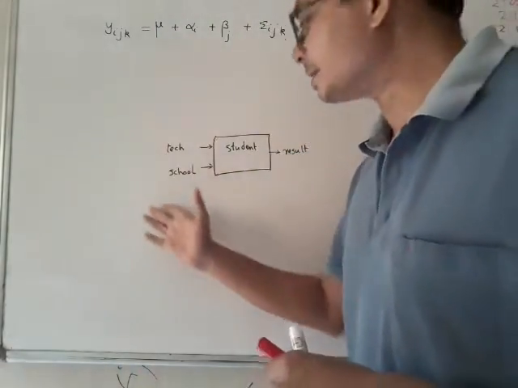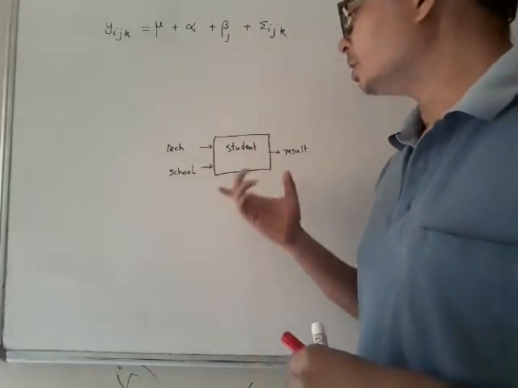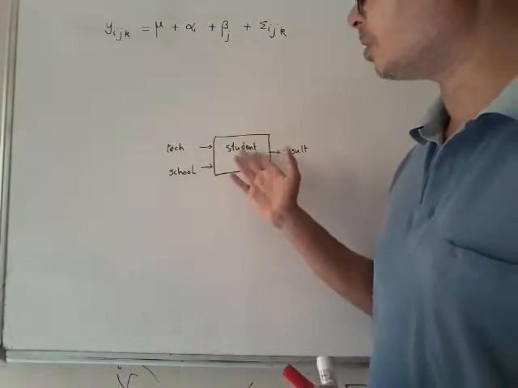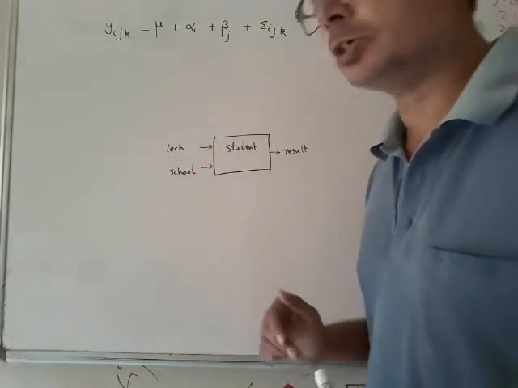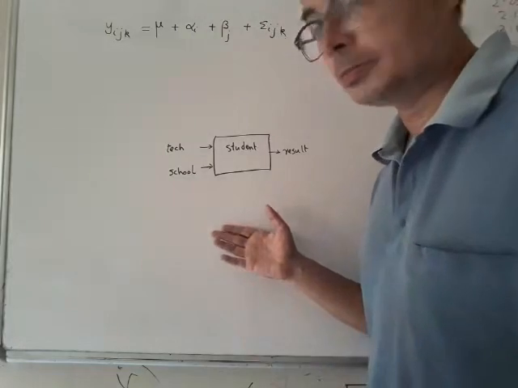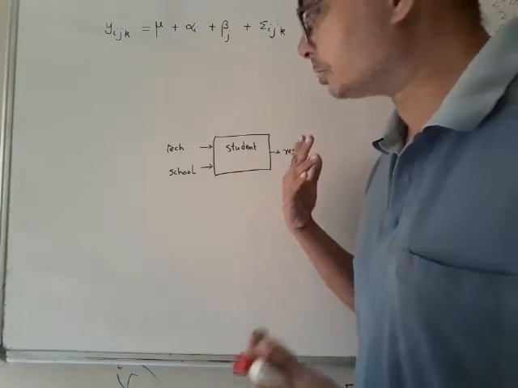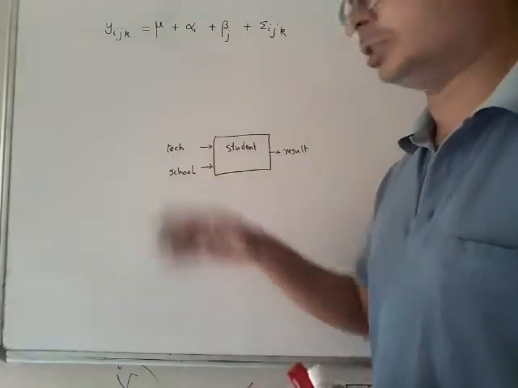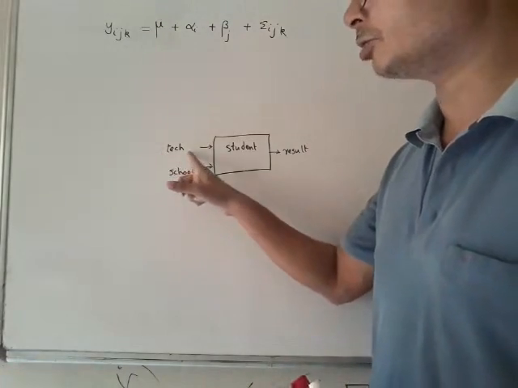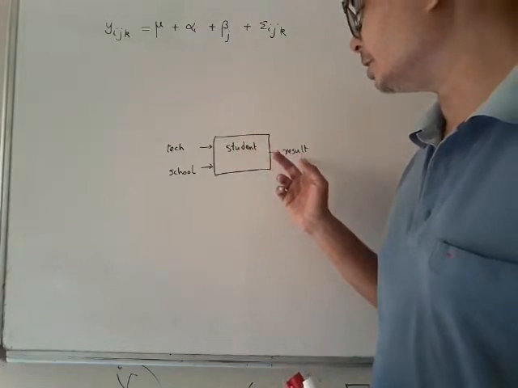We have already seen examples of this type where we are studying the effect of teaching technology on performance of students. So the teaching technology could be whether I am using just a board, or I am using, say, PowerPoint, or I am using a smart classroom, etc., or I am teaching using some online mode. So these are the different teaching technologies. This is a factor. Those are the levels. And the students, and I've seen the result.